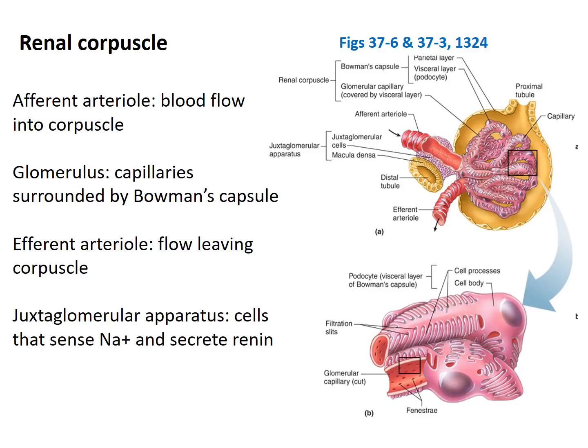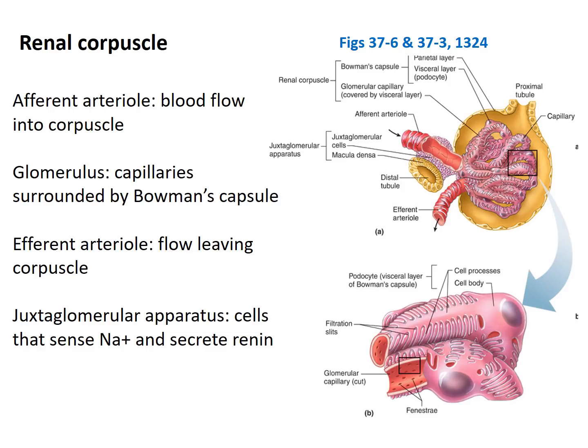And then if you did an up close of that fusion, you can see that there are a lot of holes referred to as fenestrae and filtration slits that are part of the capillary endothelium and part of the Bowman's capsule epithelium. And that's what allows for that high permeability for filtration through the glomerulus.